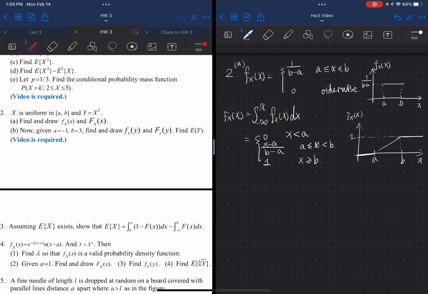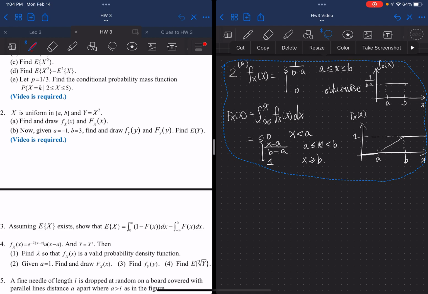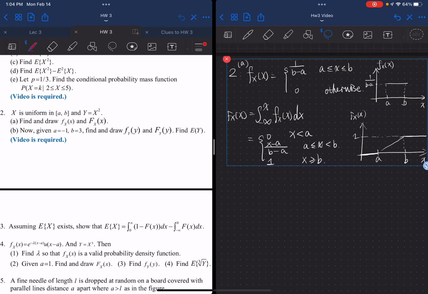And this is for part A, calculating the probability density function and the probability distribution function.